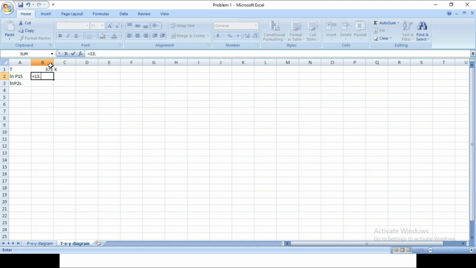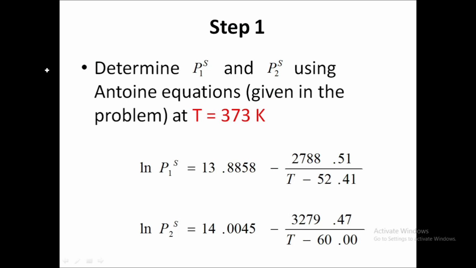In Excel: 13.8858 minus, opening bracket, 2788.51 divided by T, 373 Kelvin, minus 52.41, close the bracket. ln P2s equal to 14.0045 minus 3279.47 divided by T minus 60.